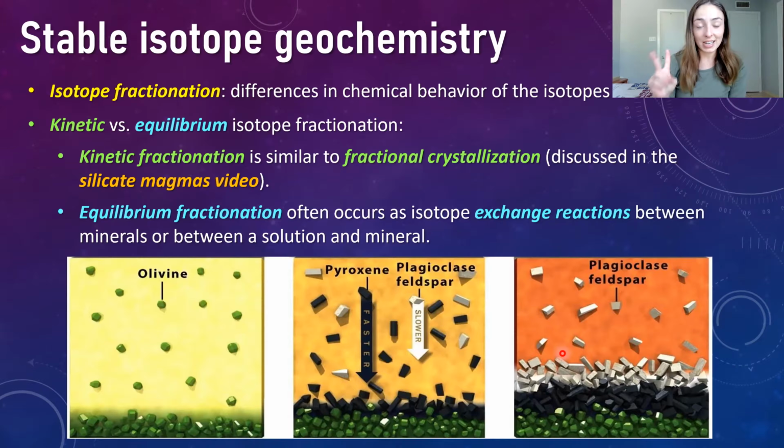But the second type of fractionation listed here is equilibrium fractionation, in which instead of kinetic effects controlling the fractionation, it's more of a chemical equilibrium type of reaction going on. For example, isotope exchange reactions between minerals or between solutions and minerals is common.